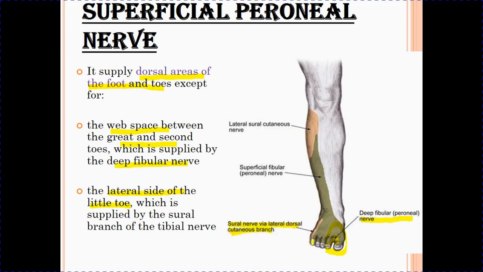So this area does not receive the innervation from the superficial peroneal nerve. The rest of the dorsum of the foot is supplied by superficial peroneal nerve, except these two areas. Web space between first and second toe and the lateral side of the little toe.